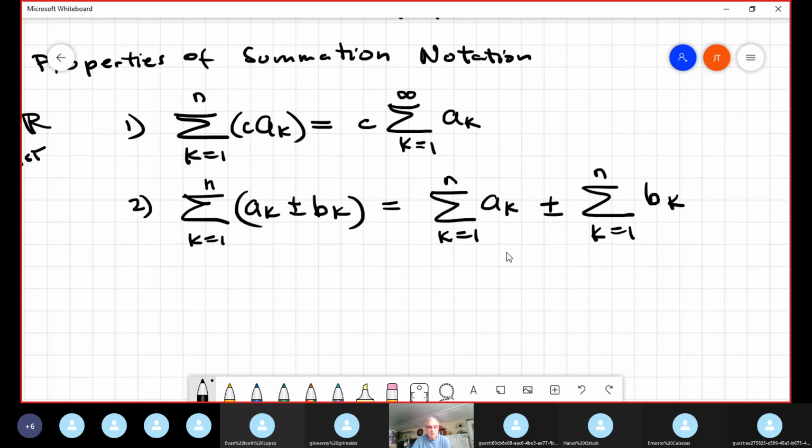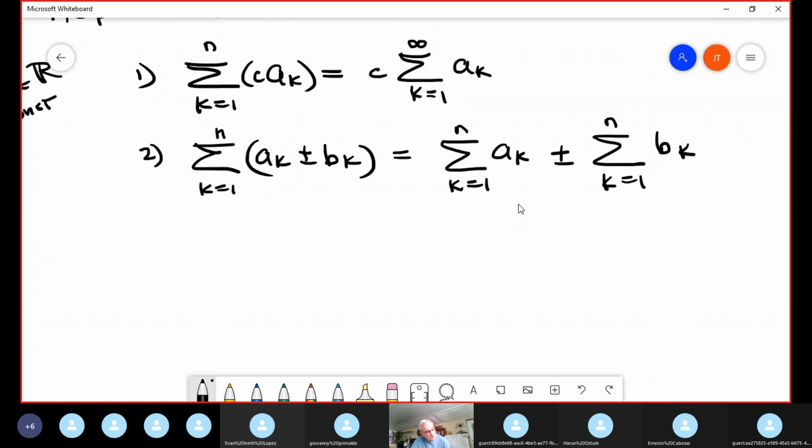One more property. We have 1, 2, 3, 4, 5, 6, 7 properties. Okay. Number 3. Well, number 3 is, suppose you have summation for k equal 1 to n of a sub k. We can, if you want, not necessarily, separate into summations.